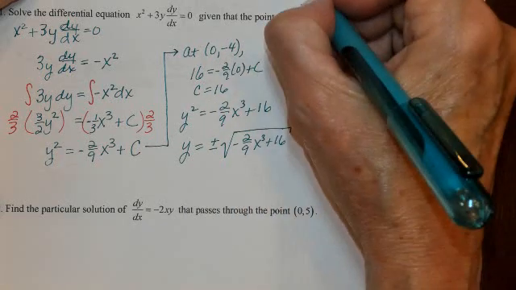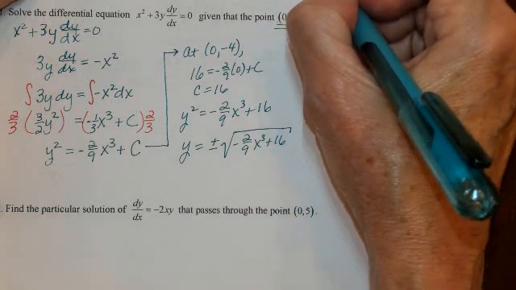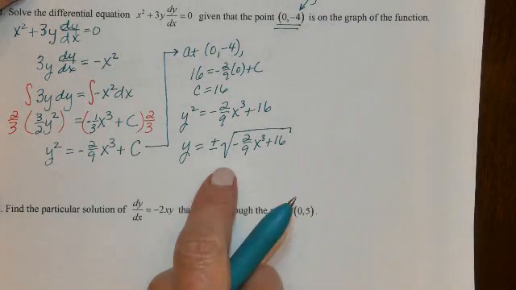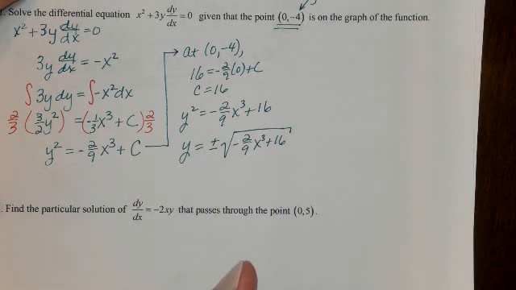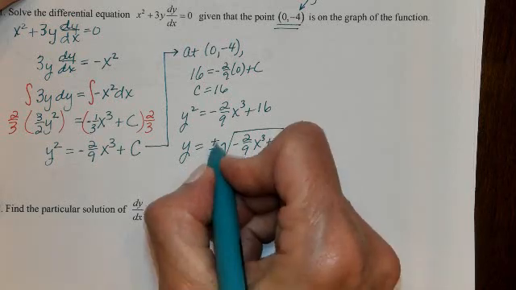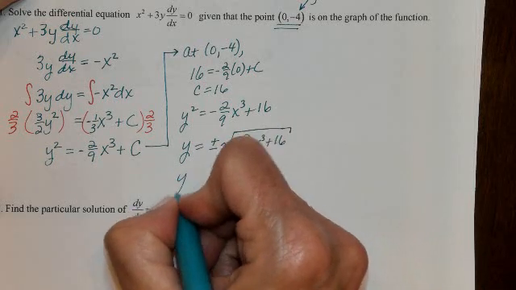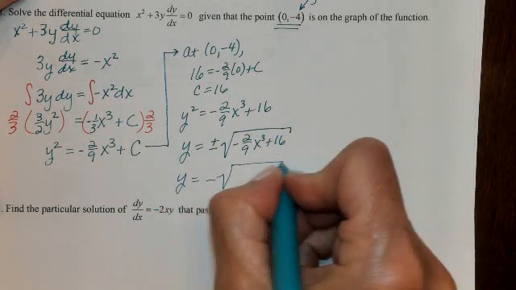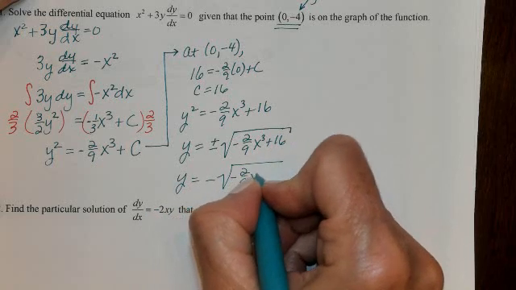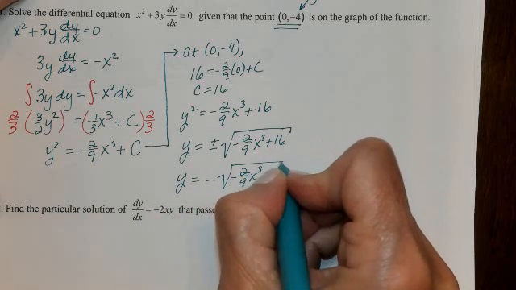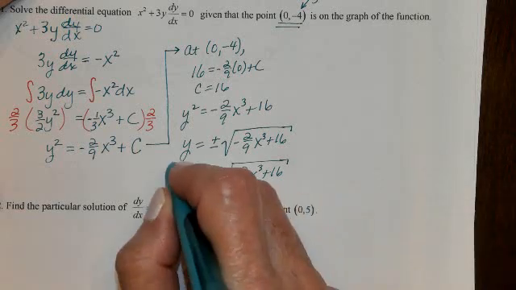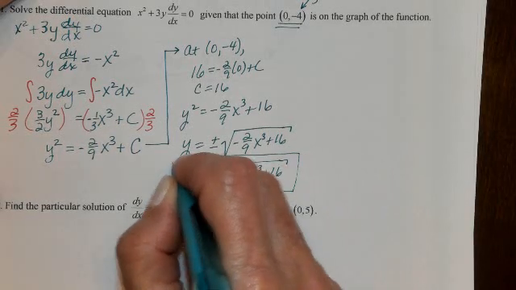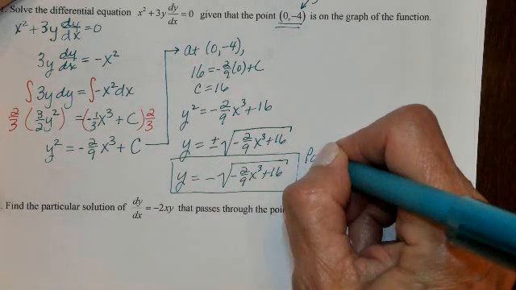That y value is -4, right? What's the only way to get a y value of -4 right here? It's to ignore the positive and only keep the negative. Right? This is our answer. That is our particular solution.